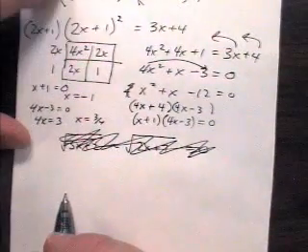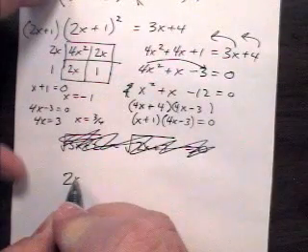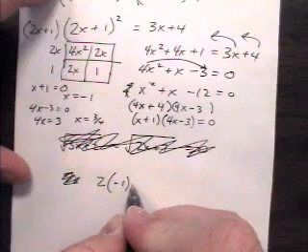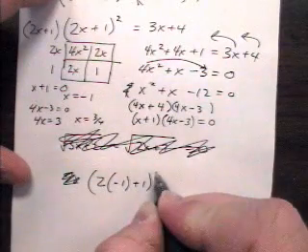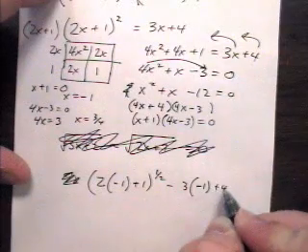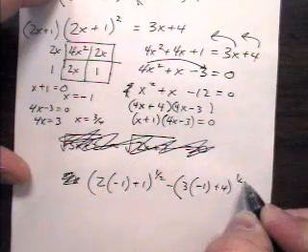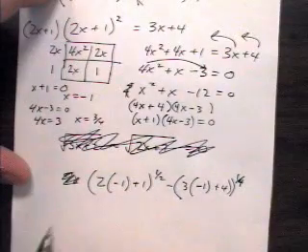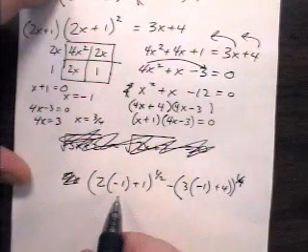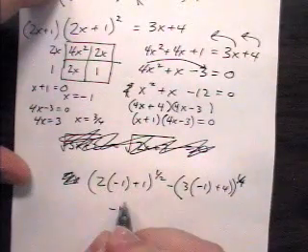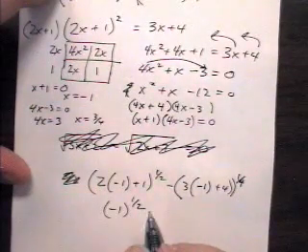Want to check my answers, go back to the original problem. I've got 2 times negative 1 plus 1 raised to the 1/2 minus 3 times negative 1 plus 4 to the 1/4. Let's see here. That's negative 2 plus 1. That's negative 1 to the 1/2.